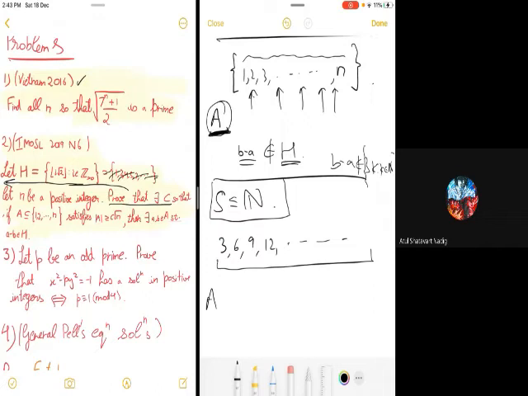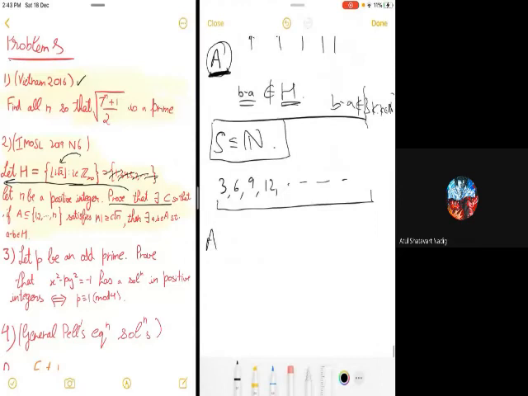So in some sense, this thing, if we remove the integer part, looks a lot like this, because it is integer multiples of something.